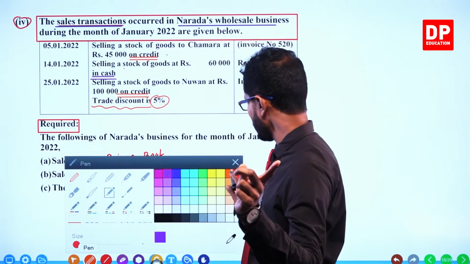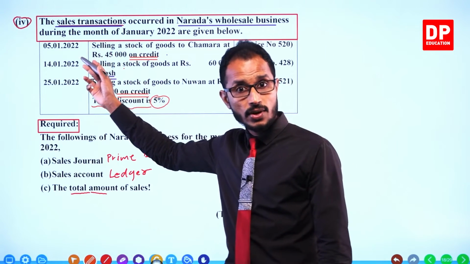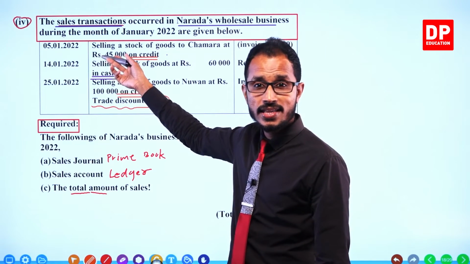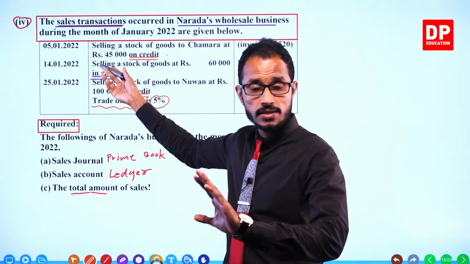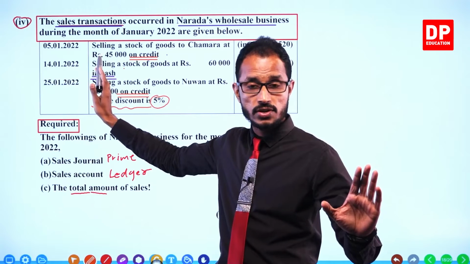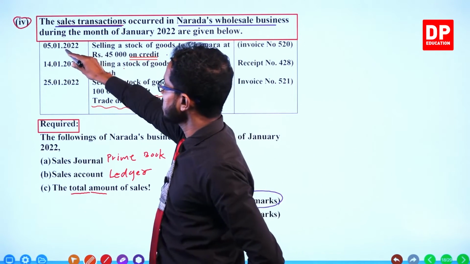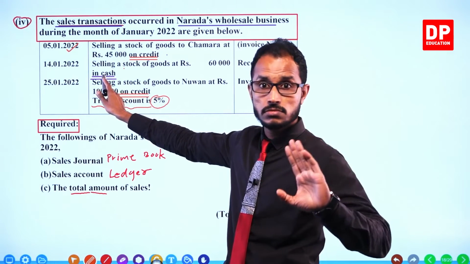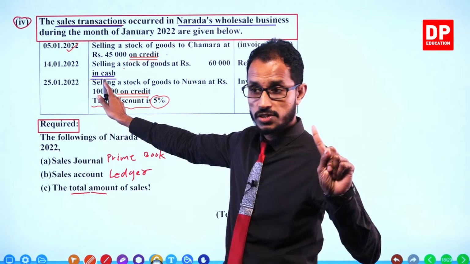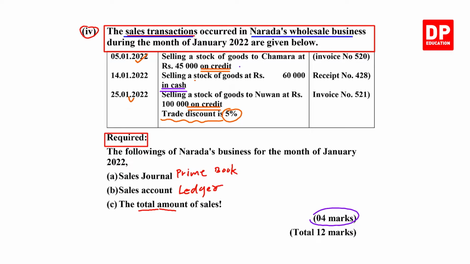In the sales journal of a business, only credit sales of goods are recorded, no cash sales. Number 1 is a credit sale, we have marked it. Number 2 is a cash sale, so don't take it. Number 3 is also a credit sale.